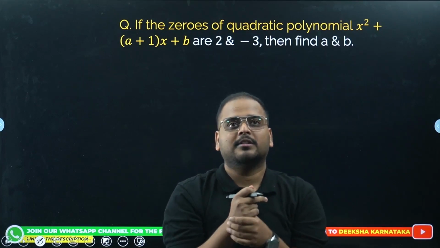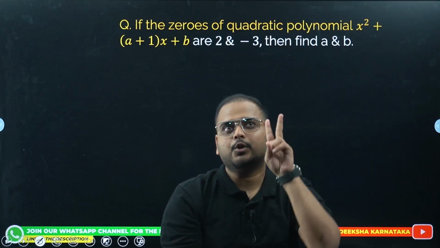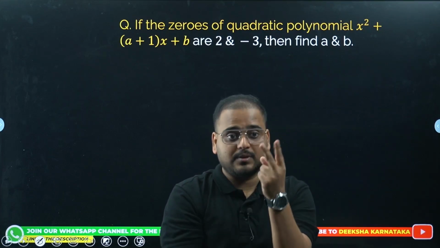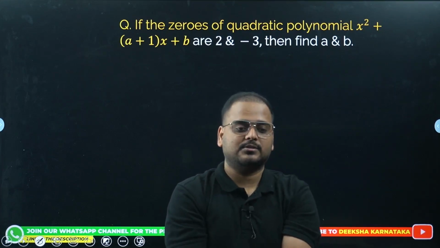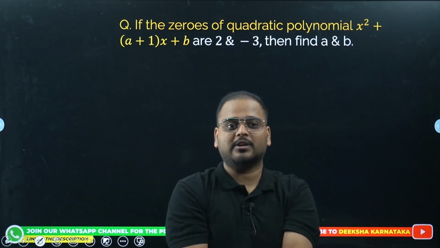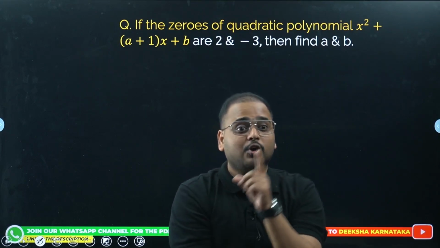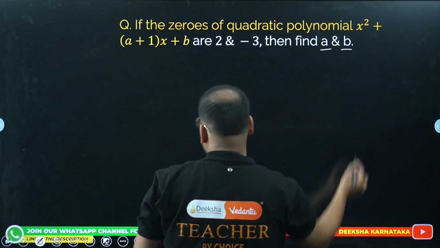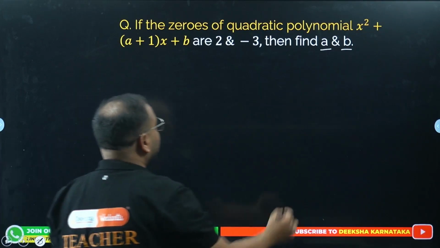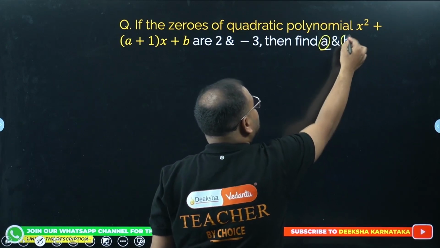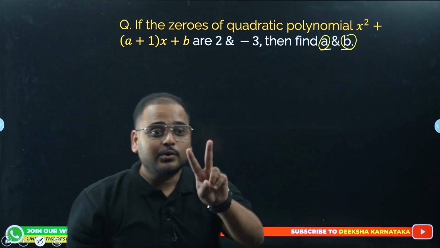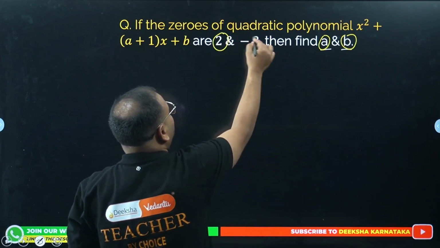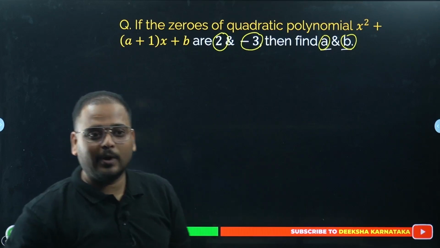They should have told you that if I have to find two unknowns in an equation, I need two equations. If I have to find one unknown, I need only one equation. So how many unknowns are here? Two unknowns are here, sir, a and b. So I will need how many equations? Two equations. To form the two equations, they have given us two values of zeros, 2 and minus 3.